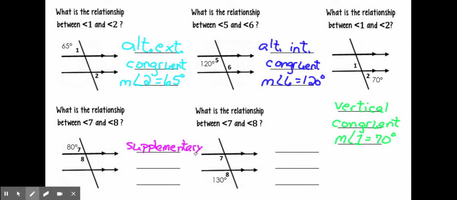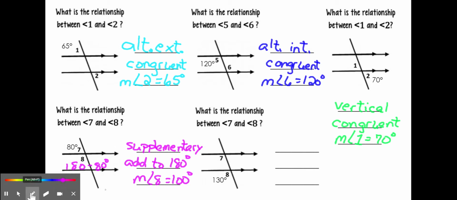That's a big word. And we just said that if they're supplementary and they make a straight line, they have to add to 180 degrees. So if angle 7 is 80 degrees, how do I find angle 8? I would do 180 minus 80 degrees, and what would I get? The measure of angle 8 would be 100 degrees.